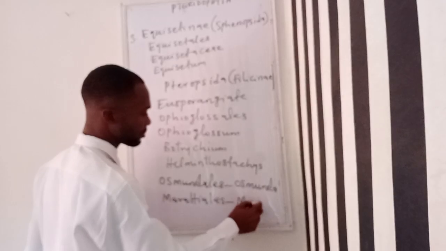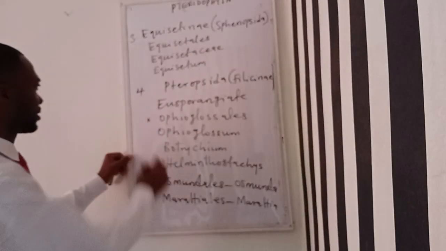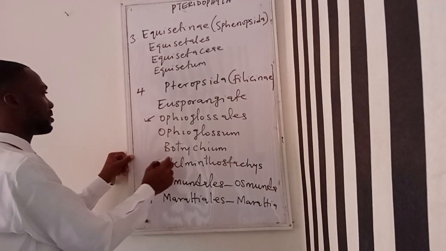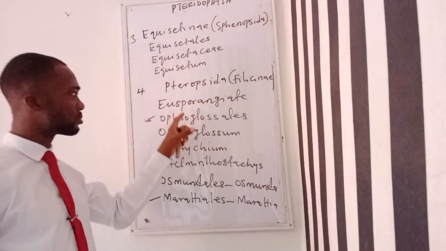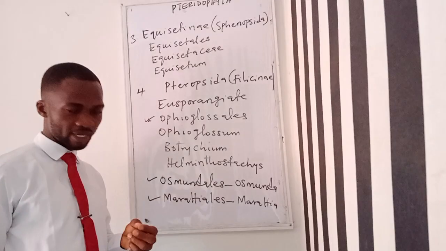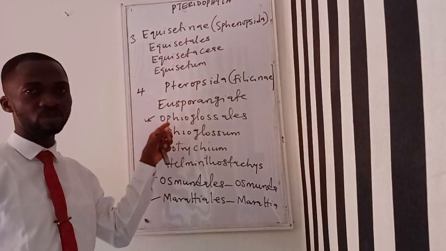You have Marattia. So this is the first order, this is the second order, and this is the third order. So these are the three orders that are found under the Eusporangiate. And like I said, the Leptosporangiate is more advanced than the Eusporangiate, which is more primitive.